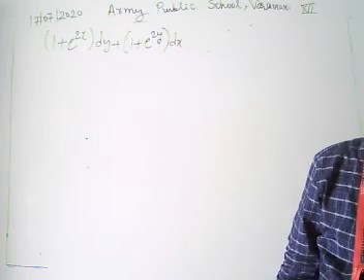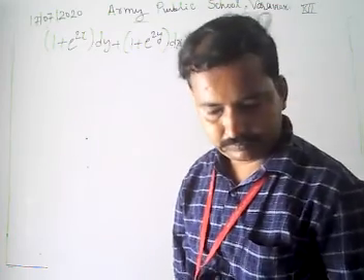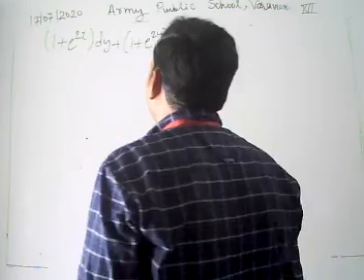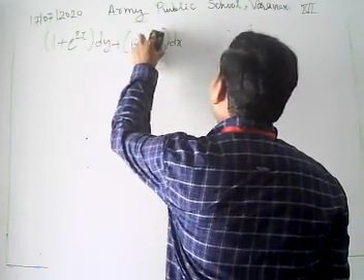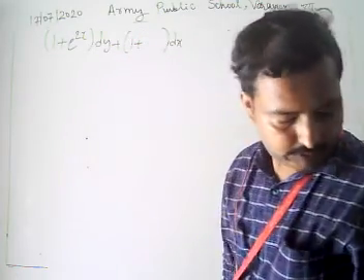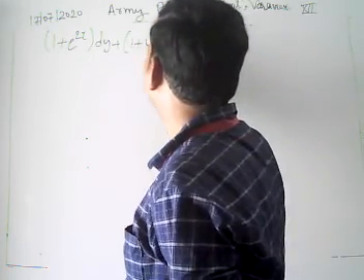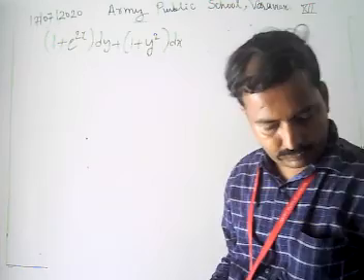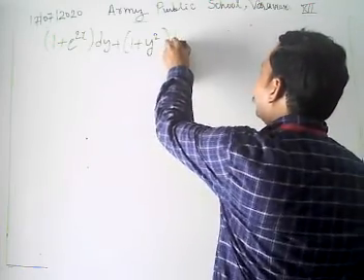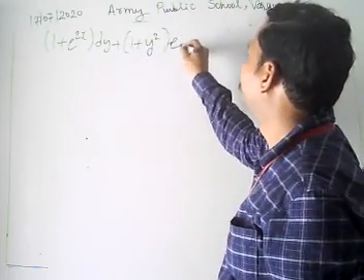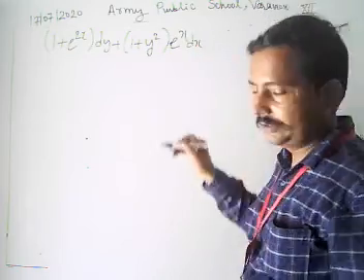The equation is: 1 plus e to power 2x dy plus 1 over 1 plus y square, and then outside e to power x dx.